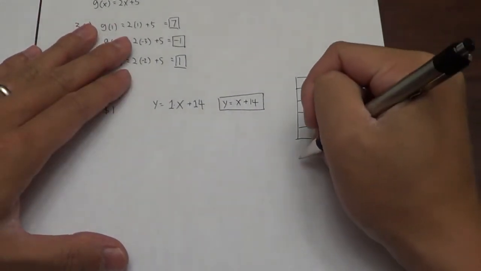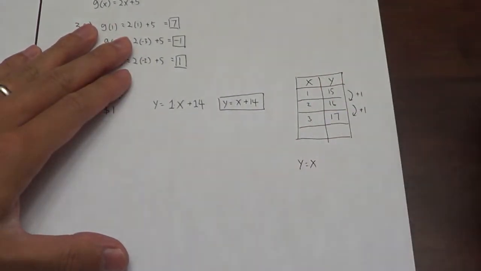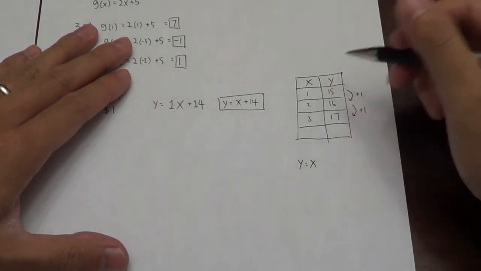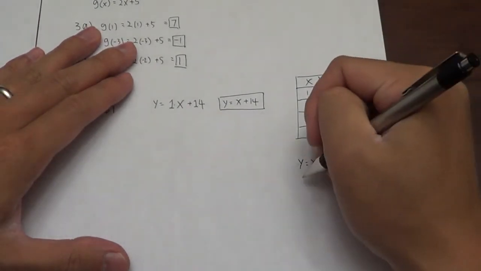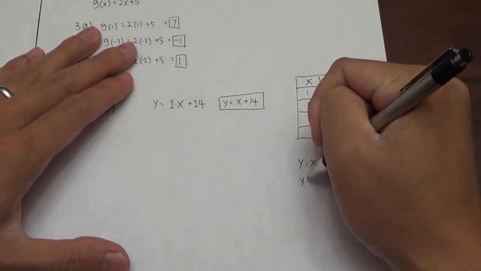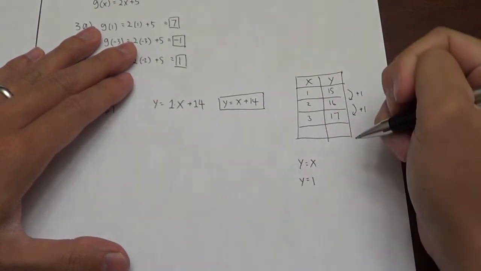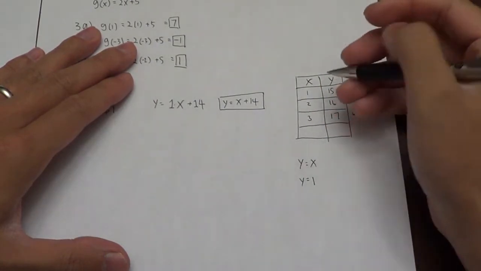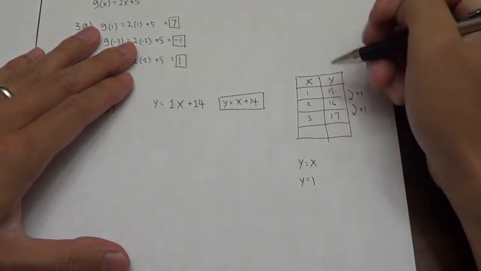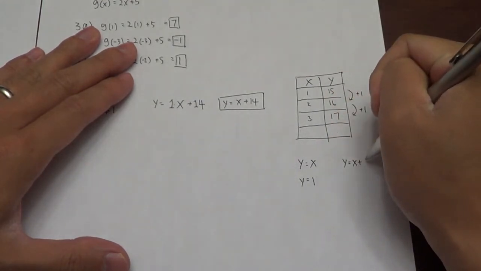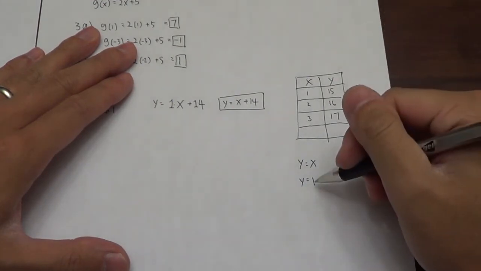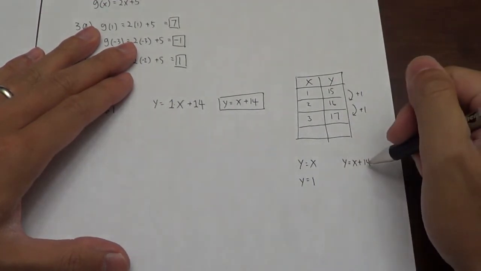So our equation should look like this at least. And then if we plug in our values, we'll see if we need to add or subtract to make up the difference. So if we plug in 1, y equals 1. When x equals 1, y is supposed to be 15, so our difference is plus 14, because that's how we turn 1 into 15, we add 14 to it.